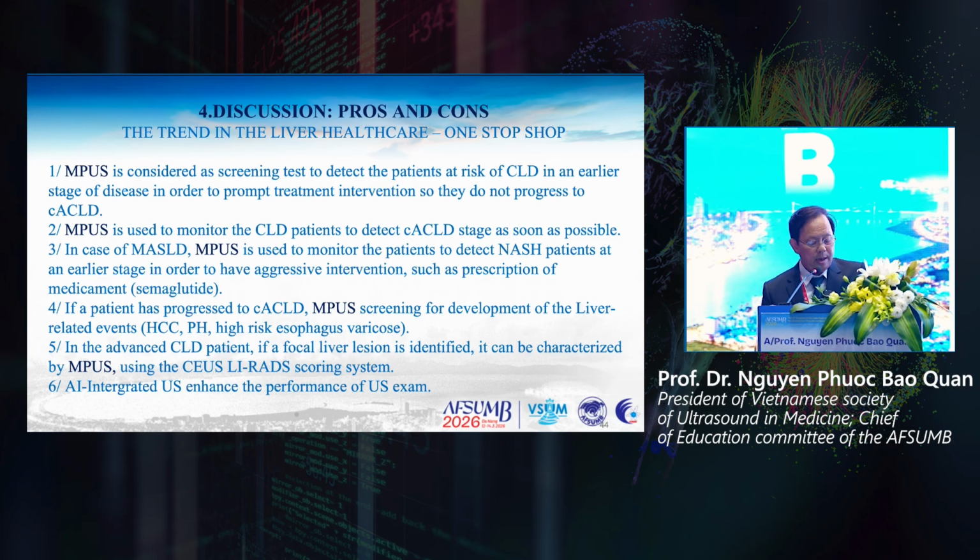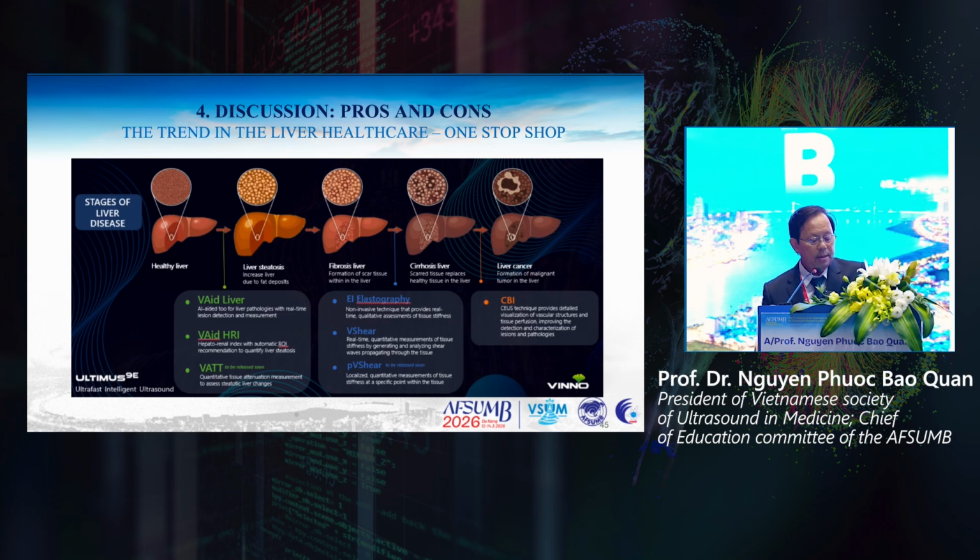If we find a focal liver lesion, we can use multiparametric ultrasound and diagnose the focal liver lesion via CEUS. And today we can use AI-integrated ultrasound to enhance the performance of ultrasound results. In the VINNO system, we have many multiparametric ultrasound tools to solve the problems of chronic liver disease and focal liver disease as well.